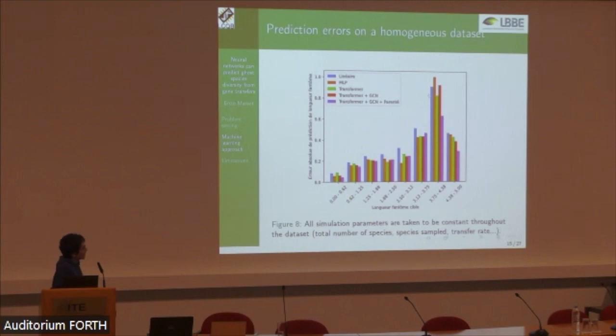Our results showed that the more complicated the simulations, the more complicated the architecture needs to be to take this into account. In this case, we took simulation parameters which were constant throughout the dataset. There's always the same number of species, the number of species sampled is the same, and the transfer rate for horizontal gene transfers is the same.